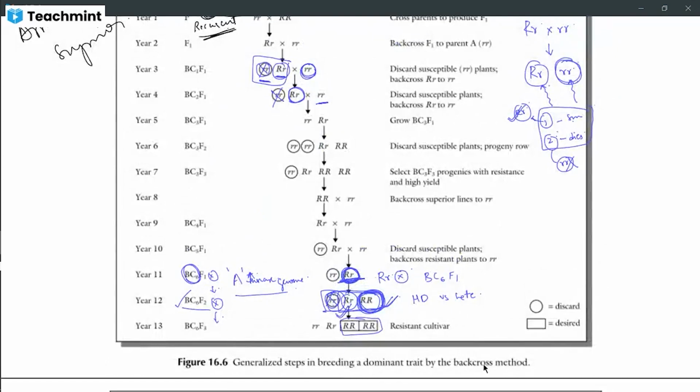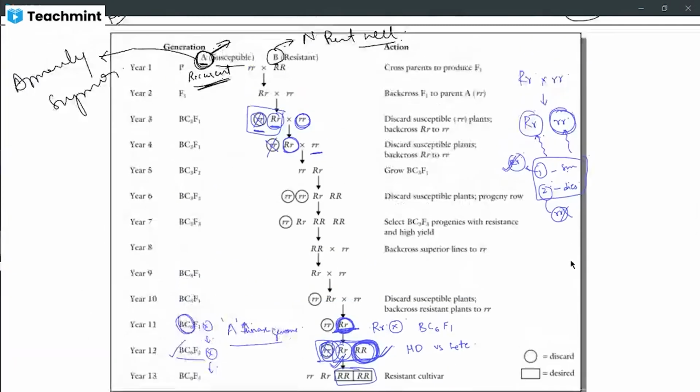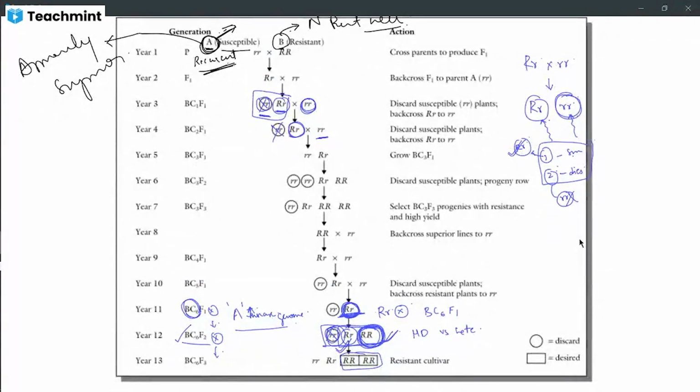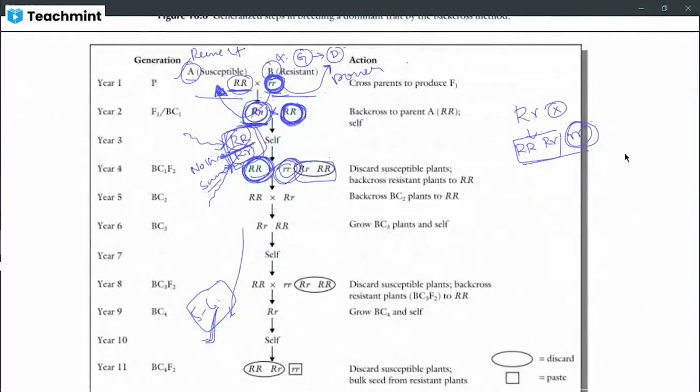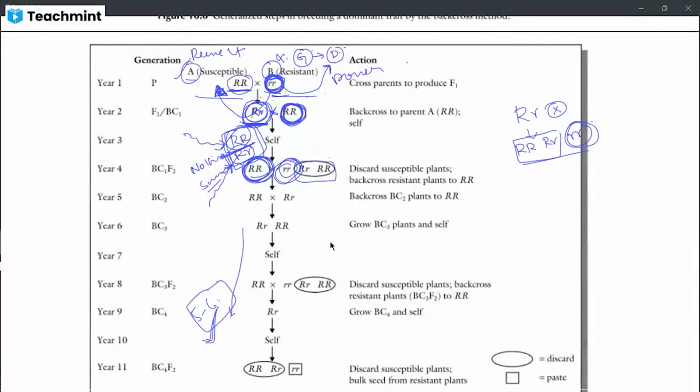The difference between these two methods is that if the gene has dominant action, you need not go to selfing. If the gene is of recessive nature, then you need to perform the selfing in the backcross breeding procedure, right?